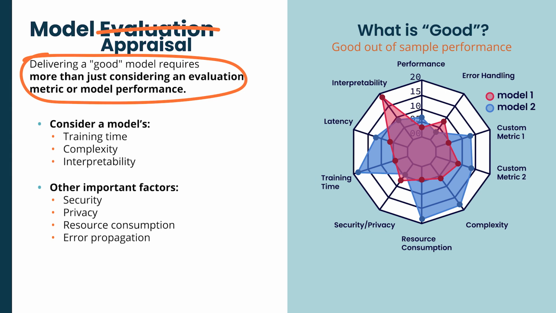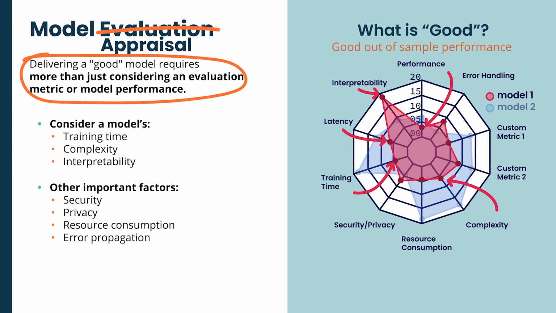So in this example, if we take a good look at this red model, we'd see although it is slightly less performant than our blue model, our red model is extremely interpretable. It's not very complex. It has a very low latency and prediction time, along with a short training time.